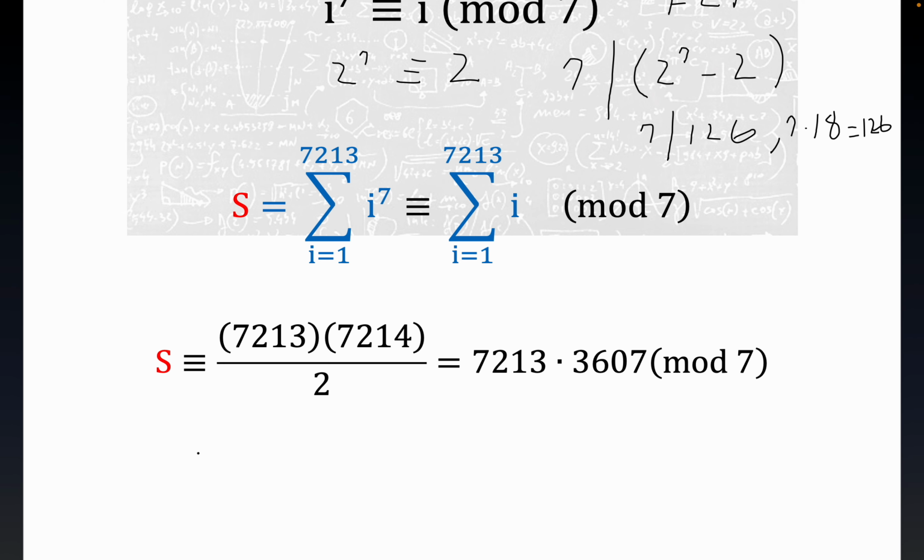And so what do we get here? We get S is congruent to, let's see here, 7 times 1,030, that's 7,210, and then we'll put a plus 3 here.